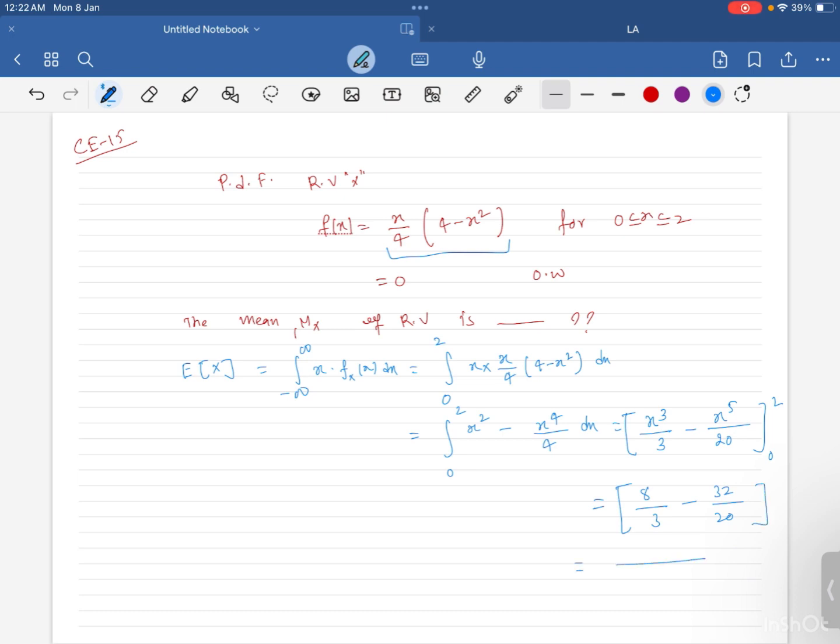So from here we are going to get 160 minus 96 over 60, that is 64 divided by 60, right? So that is the answer. You can calculate further.